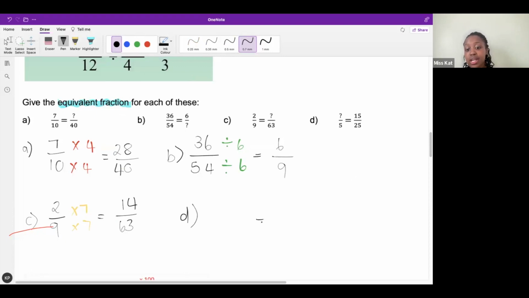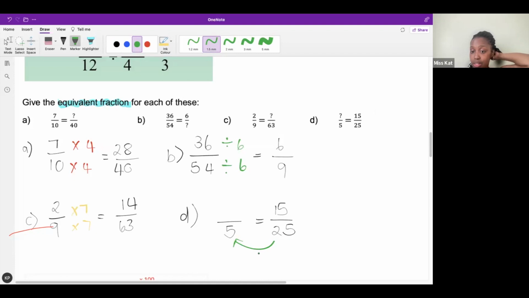Let's do the last one. D has changed to 15 over 25. So what did I do to 5 to get to 25? Or we can go backwards. What do you do from 25 to 5? Because we need the one that is on the right, right? What do I do to 25 to get to 5? We're going backwards this time.